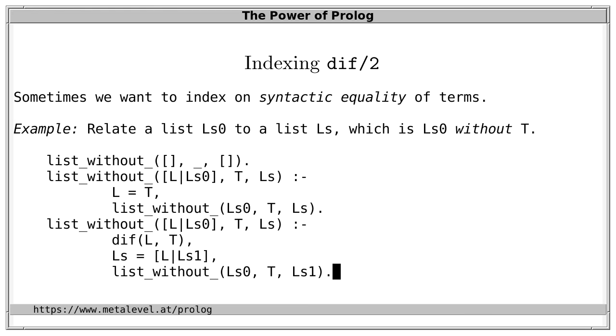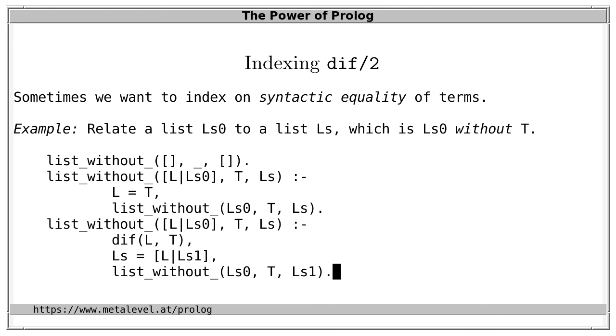And that's it. And clearly, the two recursive clauses are mutually exclusive, because in one clause, L is equal to t, and in the other clause, L and t are different. And ideally, argument indexing should be able to tell the clauses apart.